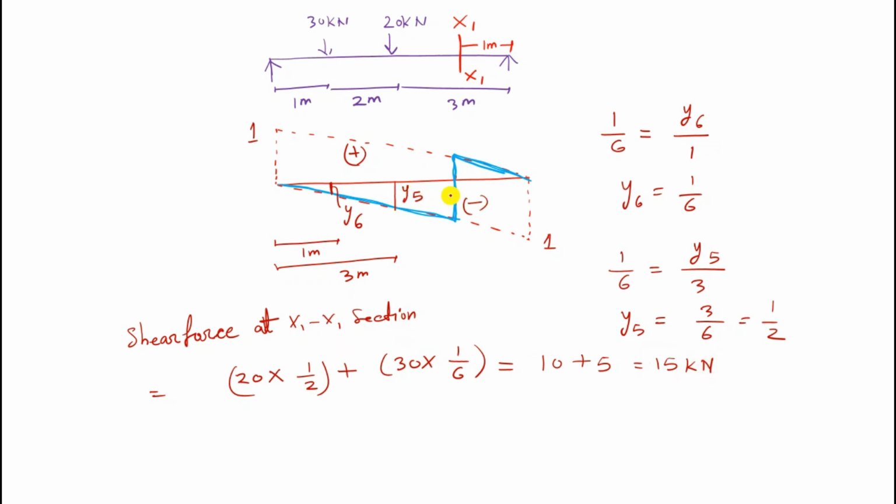Okay, so this is the negative zone, that's why it is the negative shear force. The shear force at this x1 distance due to this load is 15 kilonewton.